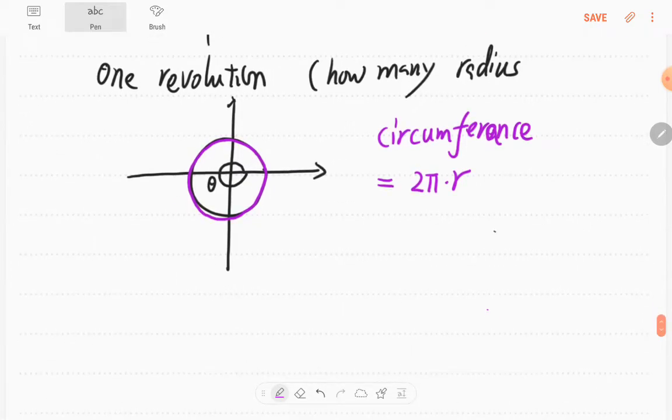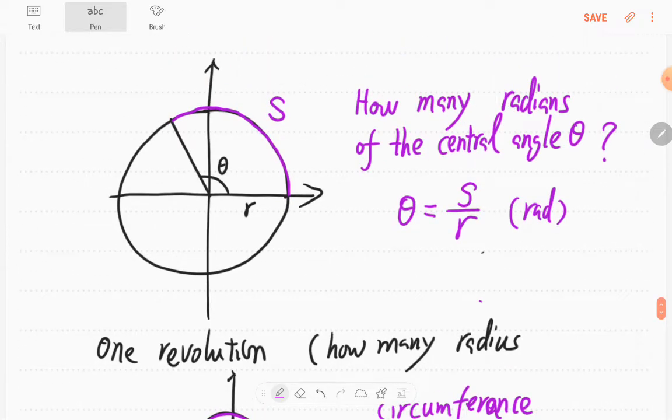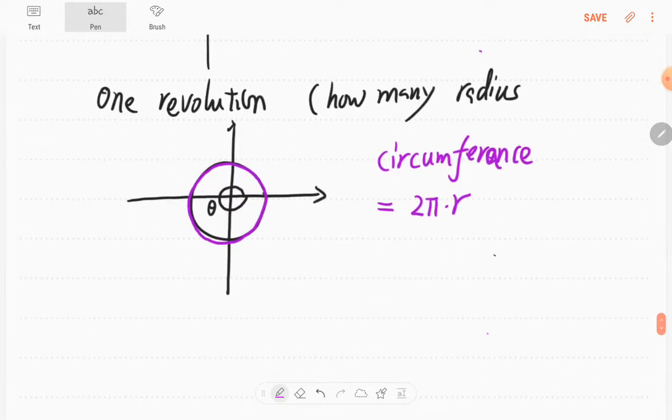So this is our s here, 2 pi r. How many r's? Theta equals how many radians? The corresponding arc length, the circumference, divided by r. If the arc length is r, this represents 1 radian, so we divide by r.